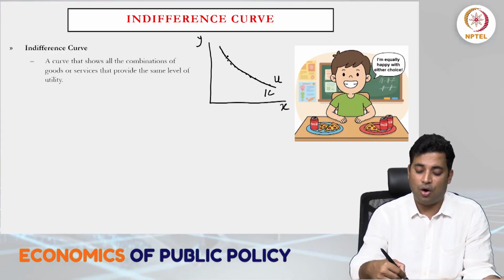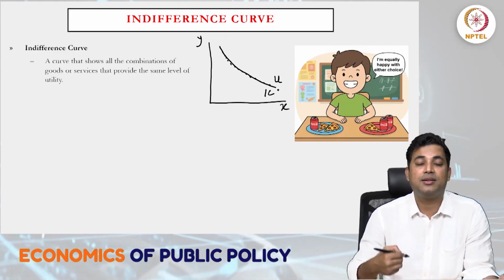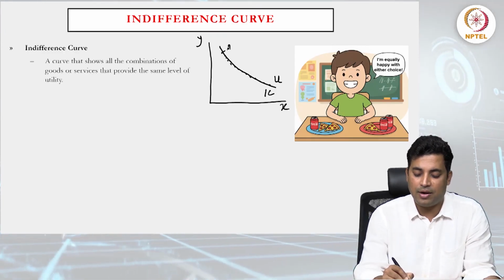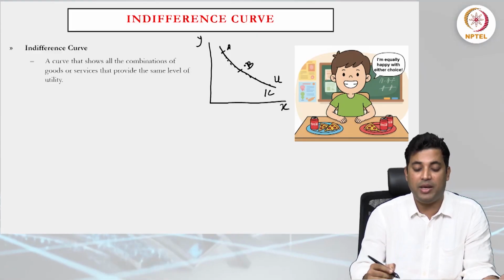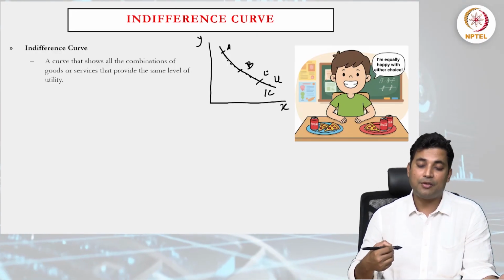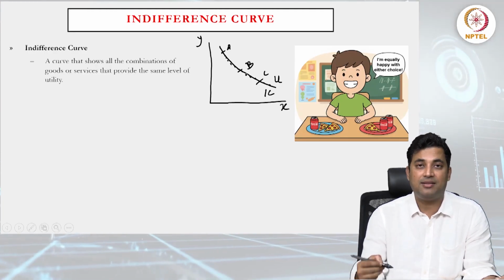Any point on this indifference curve gives the same, constant level of utility. Whether I am at A, or at B, or at point C, I am indifferent in choosing between A, B, and C.